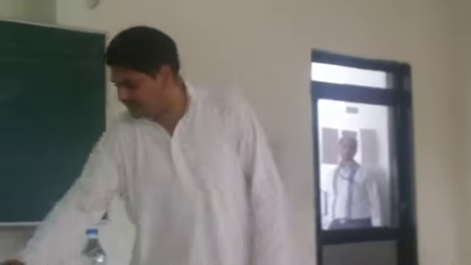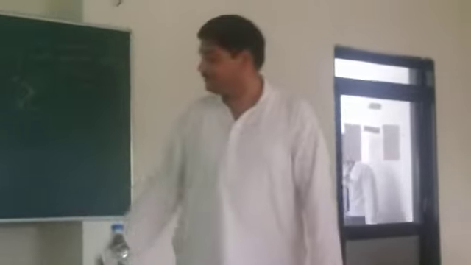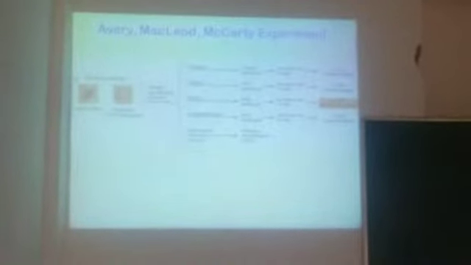The second thing is, they did a few more experiments to prove the nature of this genetic material. First of all, they took the S type bacteria, heat killed it, and tested whether it really transforms R type bacteria into S type bacteria or not.